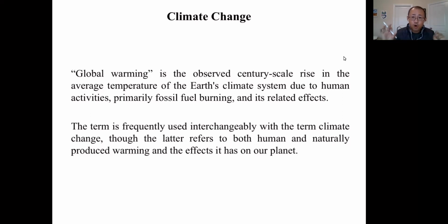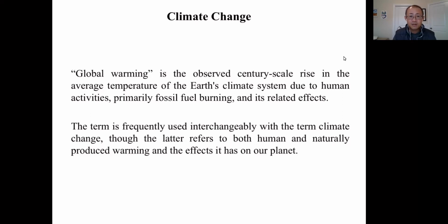Now, climate warming, because the change is basically a rise of temperature. So global warming and global climate change, these two terms are actually often used interchangeably. But climate change normally refers to both human and natural produced warming.